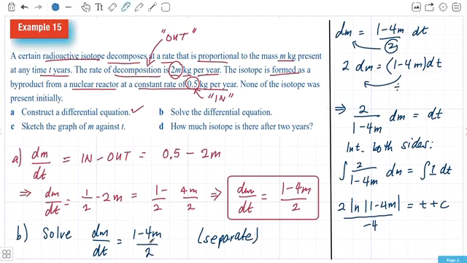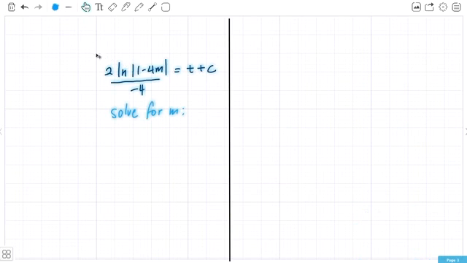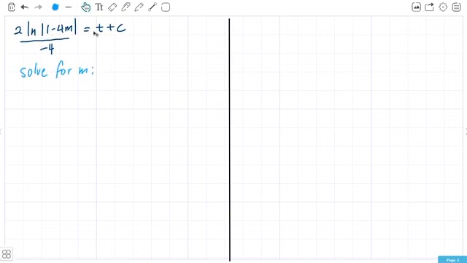Now we were solving dm/dt, so that means we should solve for m. I'll do that on the next page. So we've got, these cancel, so we've got negative a half log of 1 minus 4m equals t plus c.